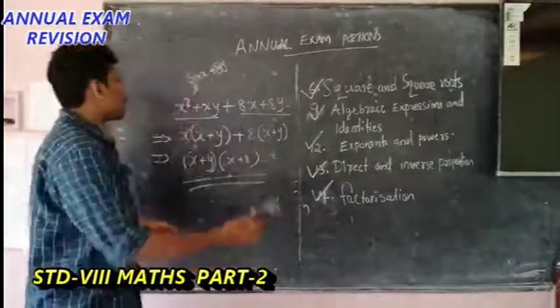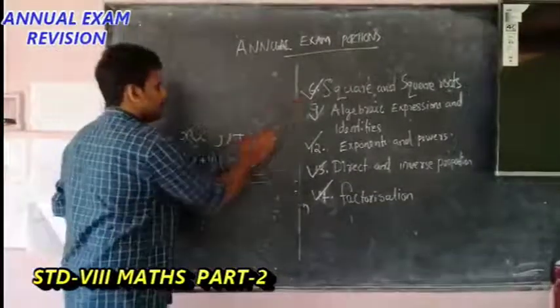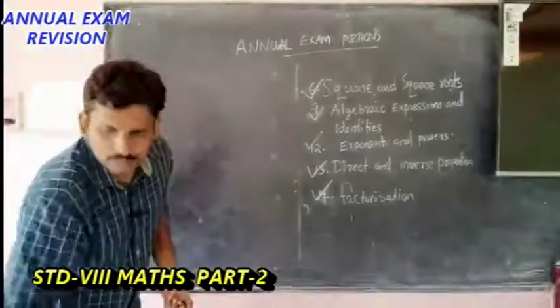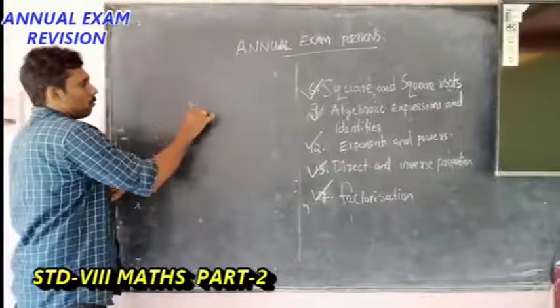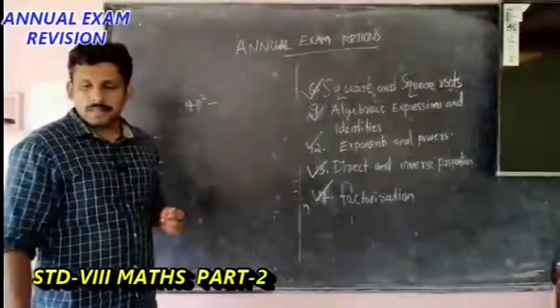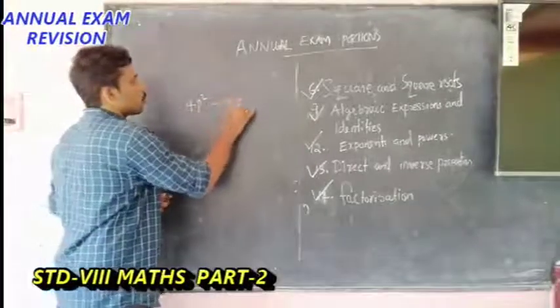The next, let's take another example using identities. A simple one: 4p square minus 9q square.